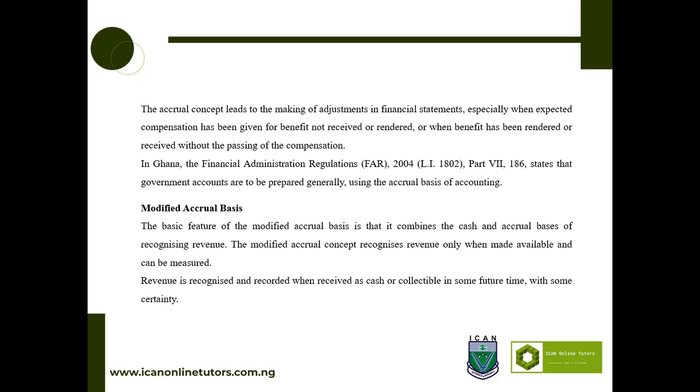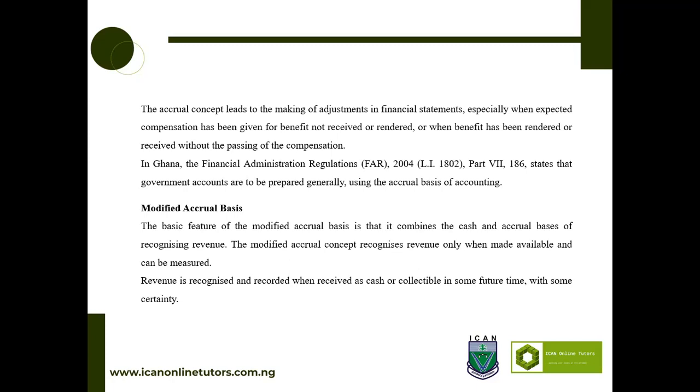So a transaction can occur when binding agreements are being carried out. But before the transaction can be recorded under the modified accrual basis, the transaction must be available and can be measured reliably.